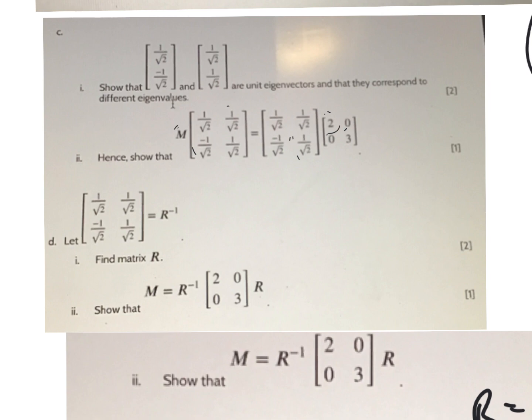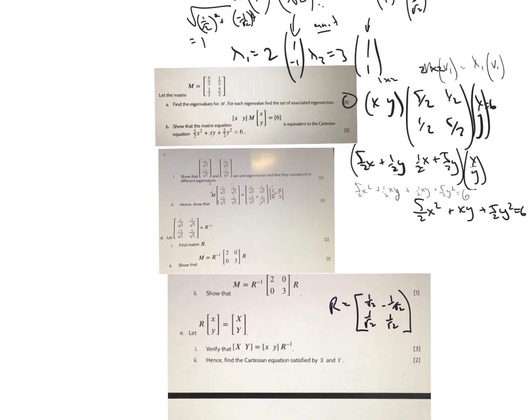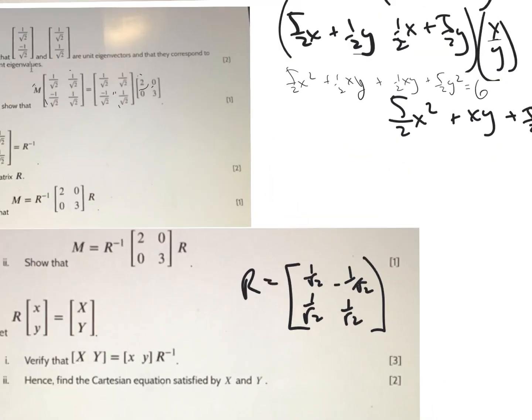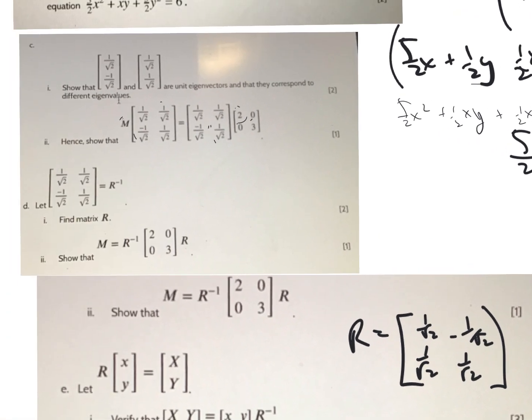let R inverse be that, find matrix R. Well, I know I take the values of my R inverse here, I switch these, make these negative, and then I multiply it by 1 over the determinant, which is this matrix here. And then it says show that this is true.